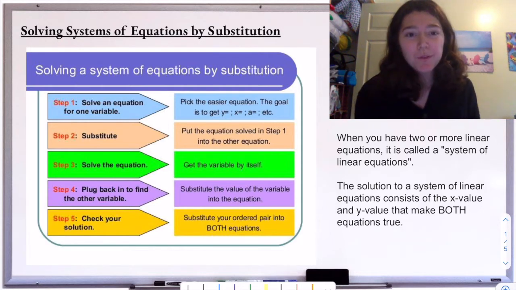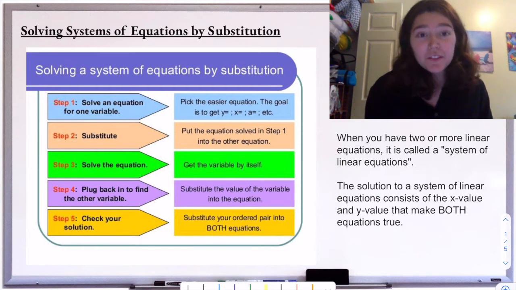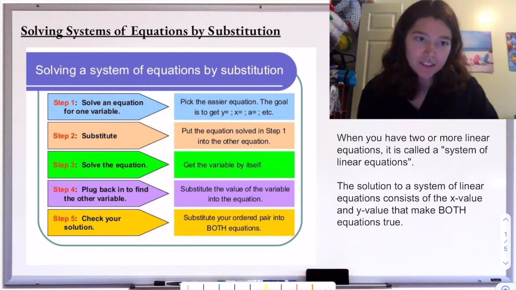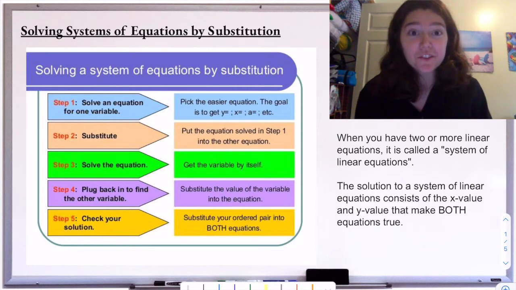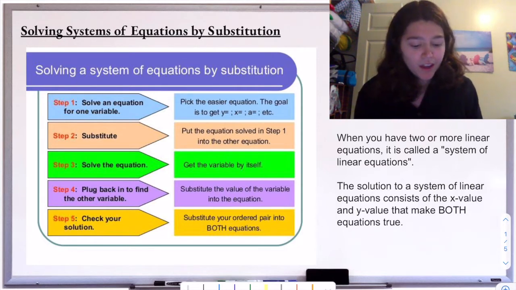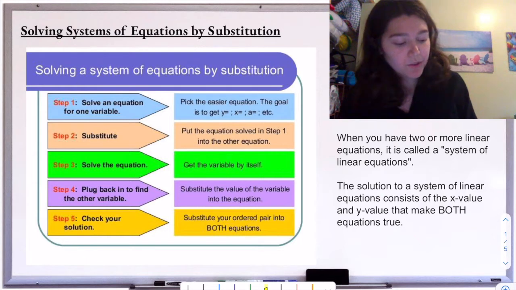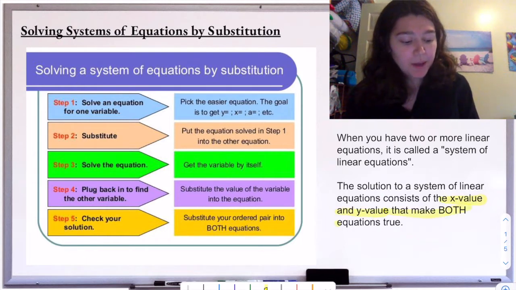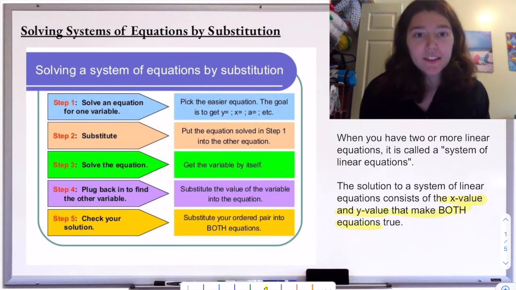We then get a one variable equation which we can solve. We can figure out what one of the variables is equal to and then substitute it in to find the other variable. As always, when we're solving systems of equations, we are looking for the x value and y value that will make both equations true at that same point.